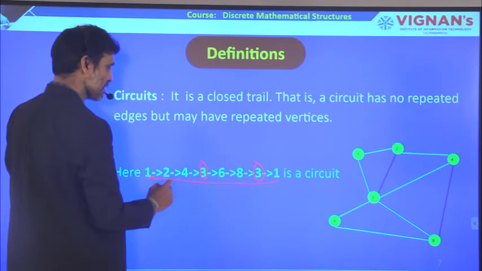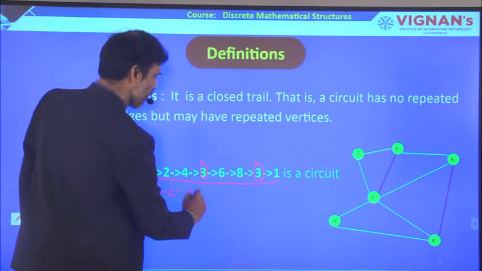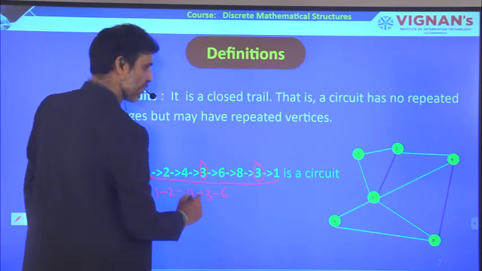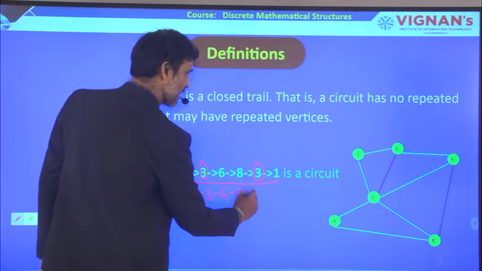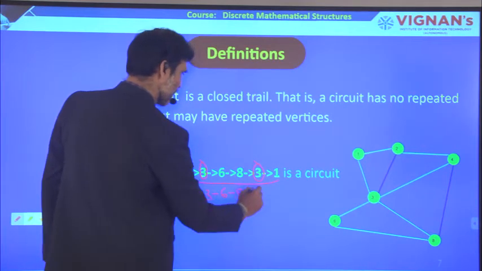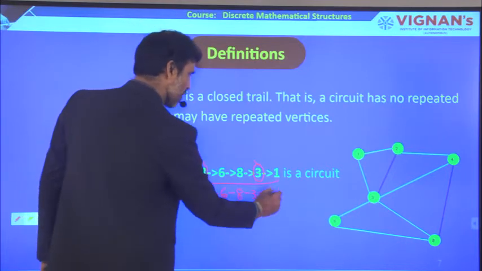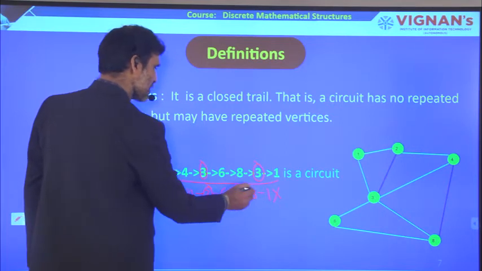Coming to the case of a cycle, suppose 1 to 2, 2 to 4, 4 to 3, 3 to 6, 6 to 8, again 8 to 3, and the same 1. What will happen here? This will not form a cycle, because 3 is repeated.